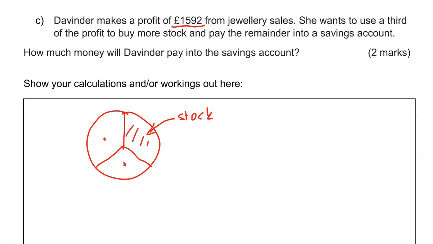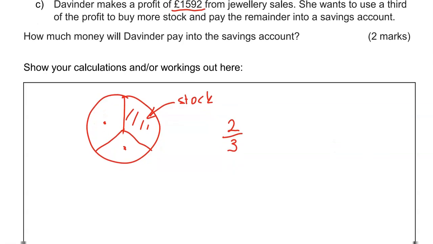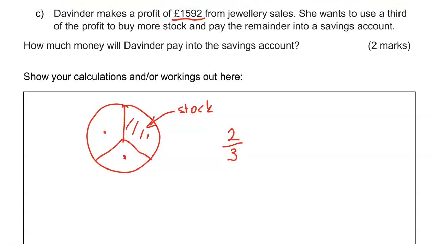So this and this will go into a savings account. So that is 2/3. So what we're going to do is divide 1,592 by 3 and then multiply that by 2.